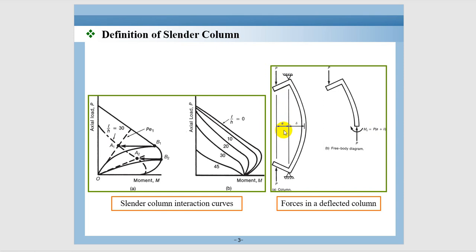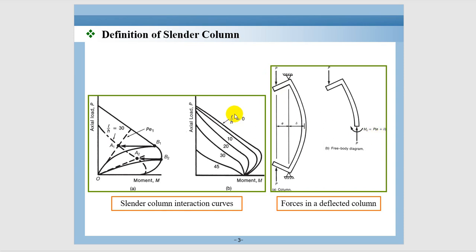For example, for short columns, we only have eccentricity, but a long column or slender column will add the secondary deflection on top of the P e. So this represents a moment P e for short columns, and P delta represents a moment on slender columns. So we have slender columns, so we have an additional term, P delta. This is how you express mathematically the secondary moment.